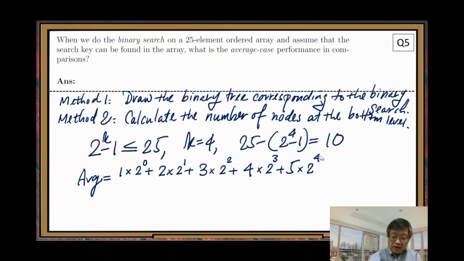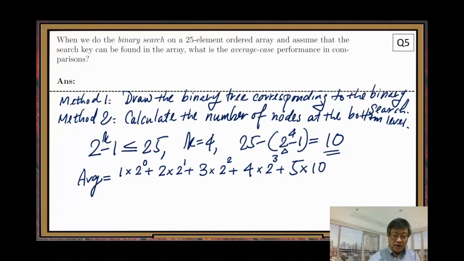So this last term we should be careful, right? 2 to the 4th, we should not use it, because with 5 comparisons, this time we do not have 2 to the 4th number of nodes. We just have 10 nodes, because the last level is not full. Last level, only 10 nodes.